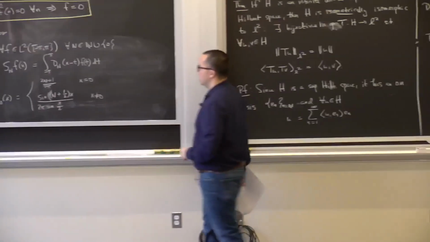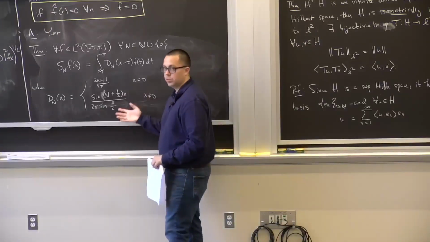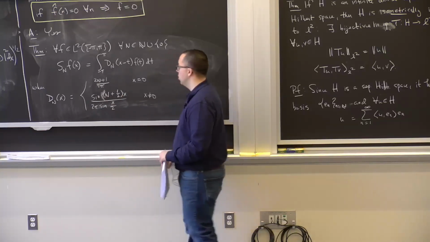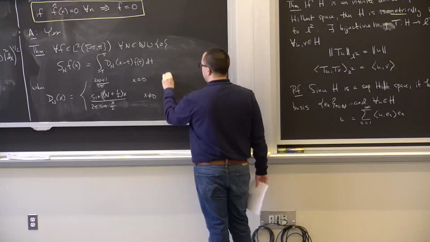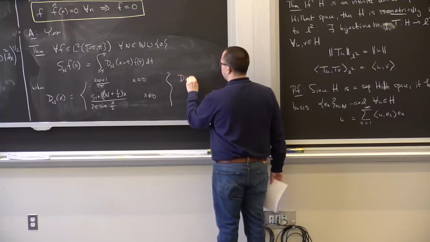Okay, and this function here, first off note that this is a continuous function. As x converges to 0, using L'Hopital's rule, if you like, this thing converges to (2n+1)/(2 pi). In fact, it's a smooth function. This function here is referred to as the Dirichlet kernel.